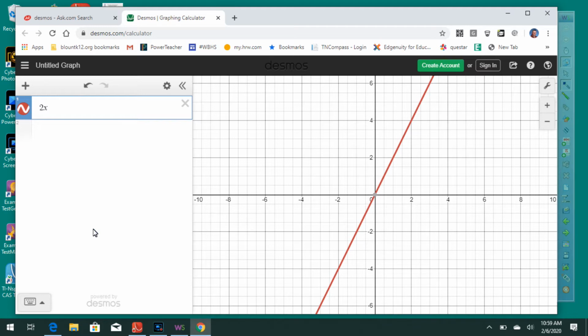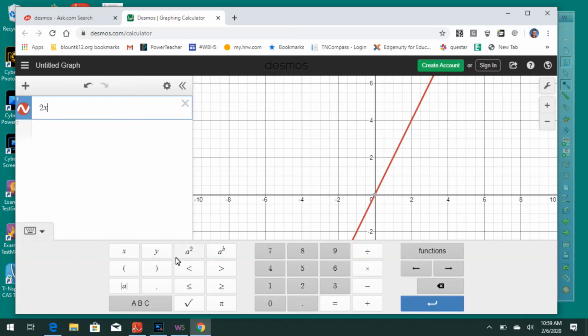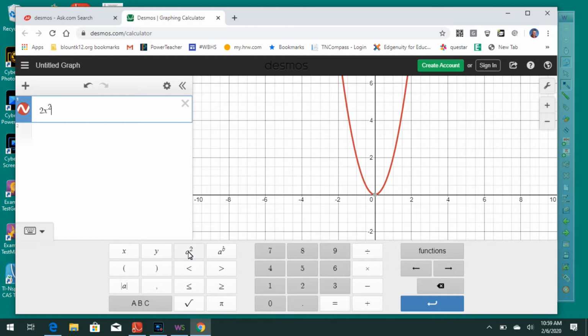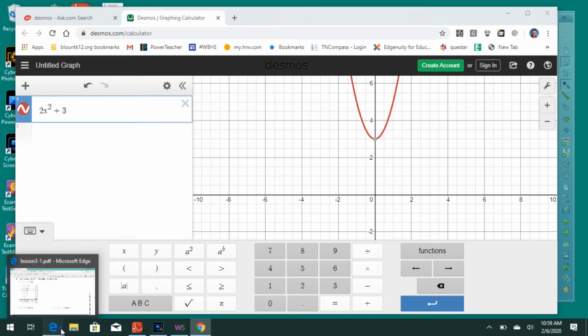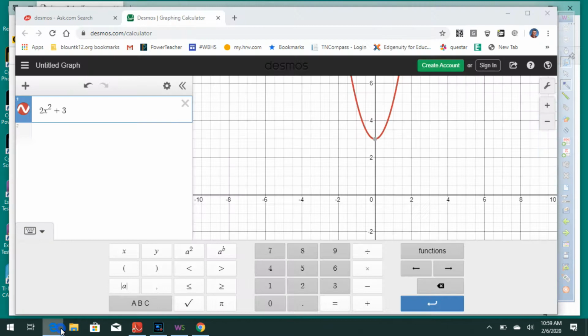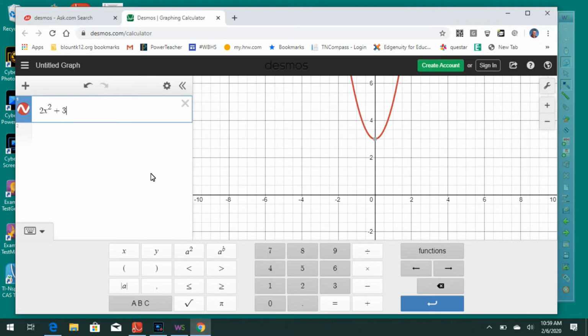Show keypad. 2x squared, and then what was it? Plus 3. Yeah, 2x squared plus 3.